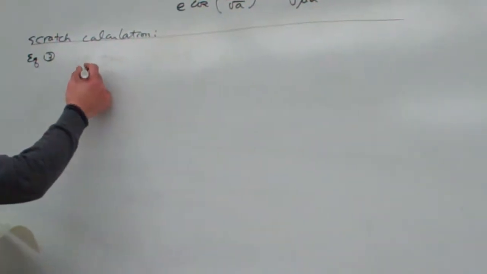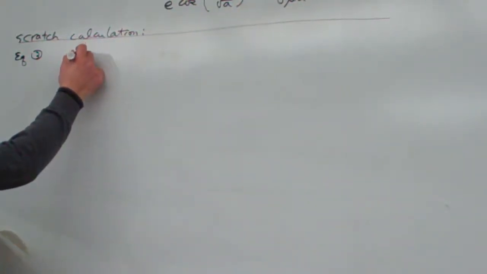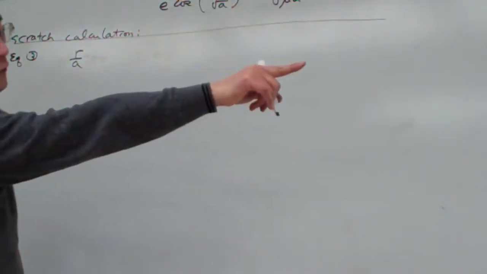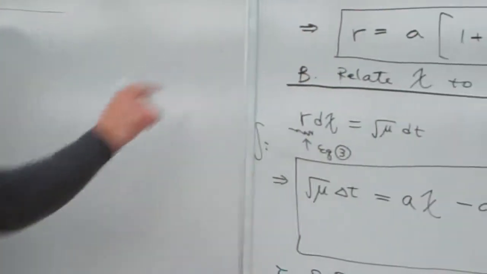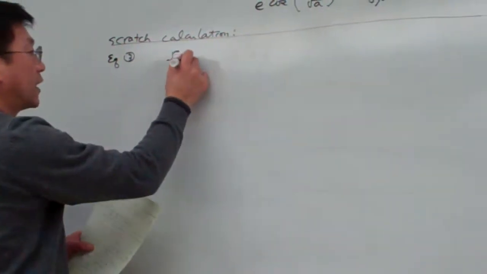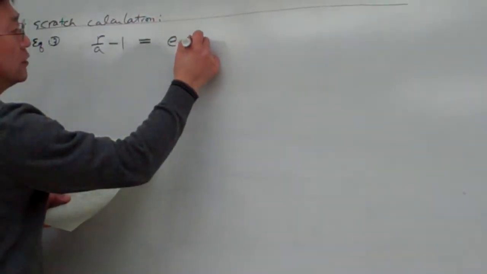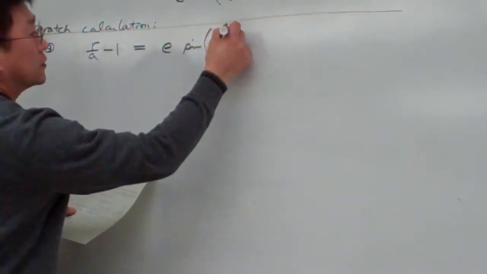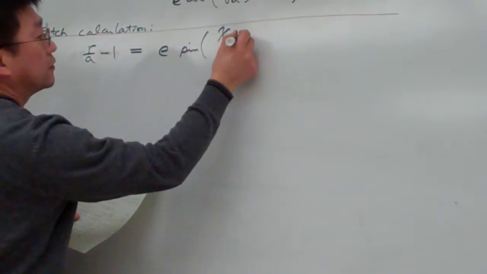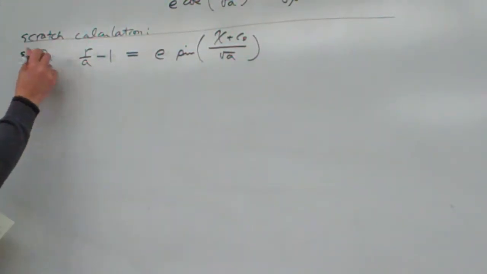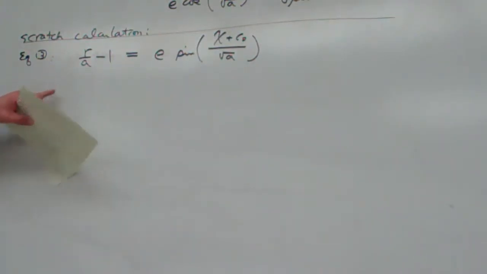We rewrite equation 3, and equation 3 is R over A. I divide both sides of equation 3 by A, and then I move the 1 to the left-hand side. So this can become E sine C0 over A. Okay, so equation 3 can be rewritten like this.